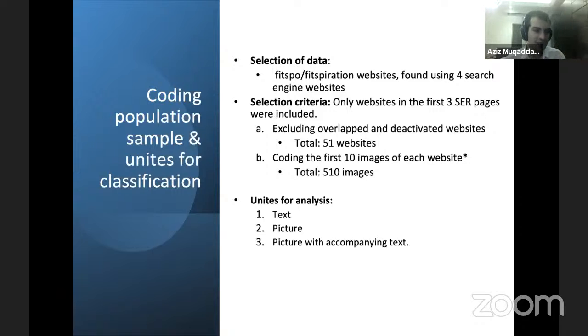So they're not coding for articles in these websites, or for video or audio content. These are the units within this population only. Is this point clear? They're only doing pictures and pictures that have text, okay?